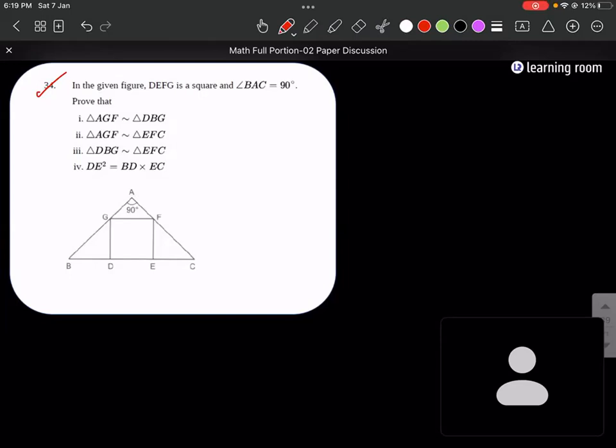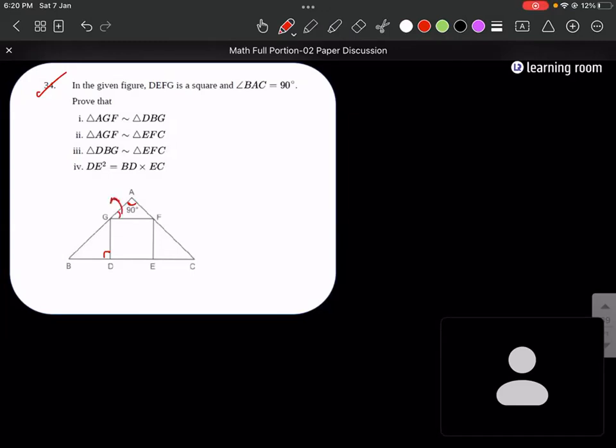So angle FAG will be equal to angle GDB, which is equal to 90 degree. Angle FAG and GDB, they are 90. Okay. And then angle AGF will be equal to angle DBG.